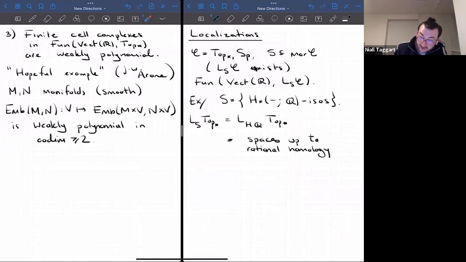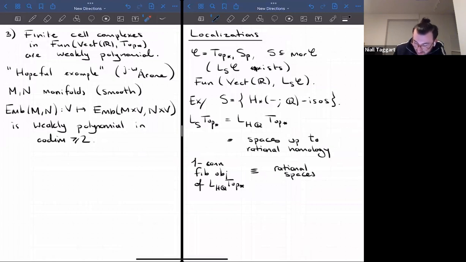So if you think of this in terms of model structures, inside these guys, there are the fibrant objects of this model structure. And if you look at the ones which are one-connected, or simply connected, these are rational spaces in the sense of Quillen and Sullivan.